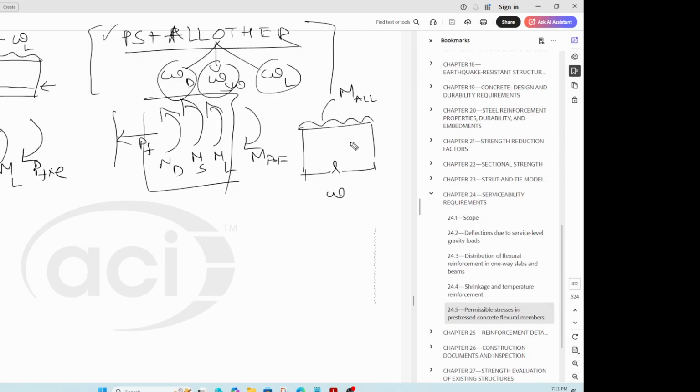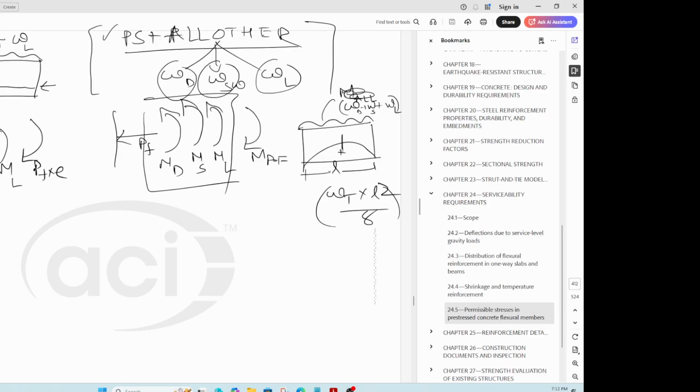So let's call this W dead plus W self weight plus WL, right? So this is W total. W total times L square by 8 is your maximum positive bending moment there at mid span, right?